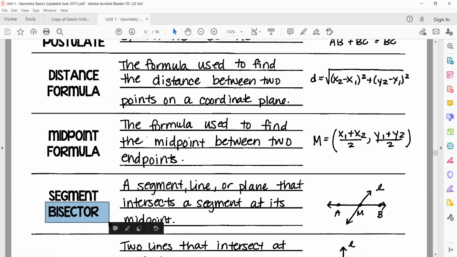In this case, they're taking a segment of this graphic over here showing you we've got segment AB and line L. Remember I said earlier that lines can also be identified by a lowercase letter?